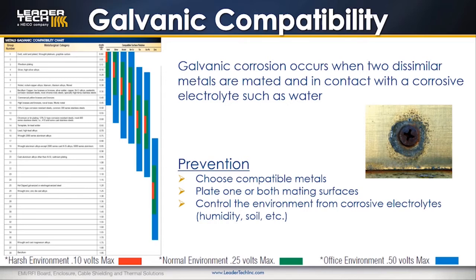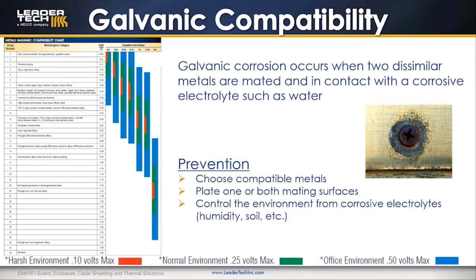For harsh environments like outdoors or high humidity, it is recommended that the difference between the metals not be more than 0.1 volts maximum. For example, nickel is 0.3 volts and beryllium copper is 0.35 volts. Their difference is 0.05. These metals are very compatible. For normal conditions, we recommend a max difference of 0.25 volts.